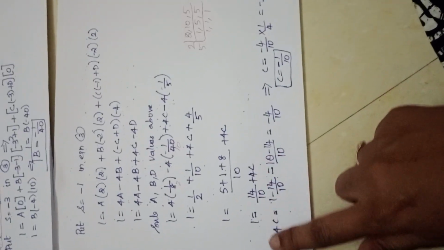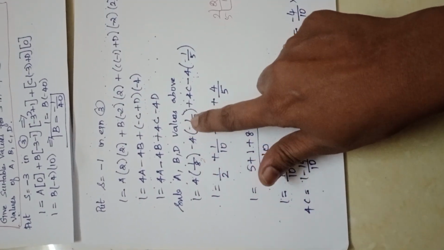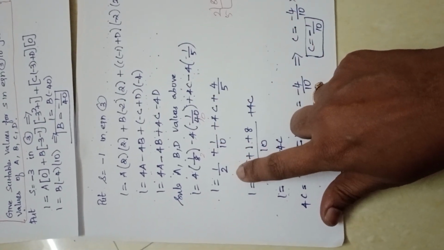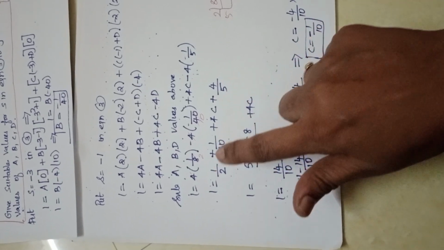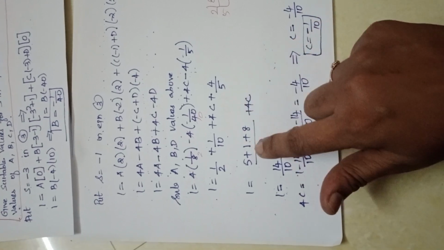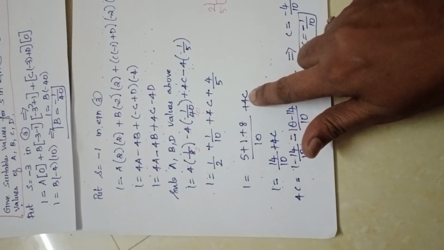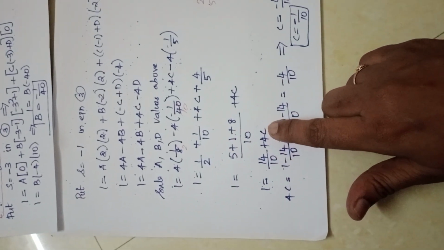Just here 4 2s are 8 cancels, 4 10s are 40 gets cancelled. So you will be left with 1 by 2 plus 1 by 10 plus 4 by 5 plus 4c. 1 by 2, 1 by 10, 4 by 5 are numbers, so we can take LCM, and 4c is one alphabet term, so you keep it separately. Taking LCM will give us 14 by 10 plus 4c.